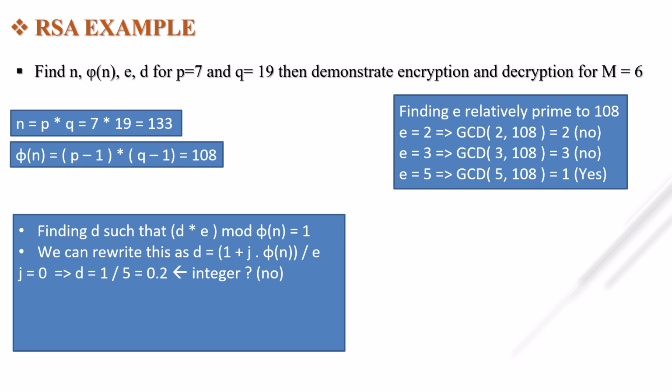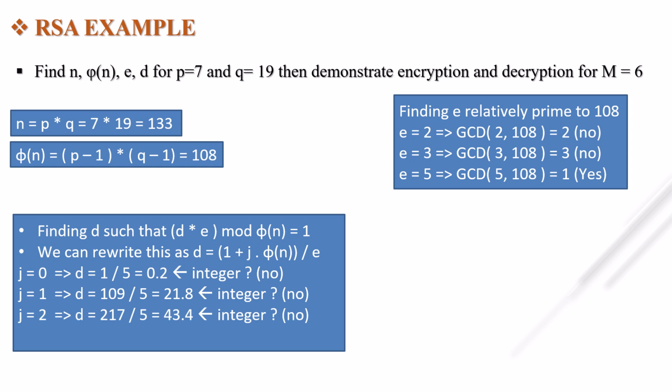It's not an integer. Now if I select J equal to 1, then it will be 109 divided by 5, that is 21.8, also not an integer. If I select J equal to 2, then I get 217 divided by 5, it's also not an integer. Now if I select J equal to 3, then 325 divided by 5, that is 65, that's an integer. So the value of D is 65.